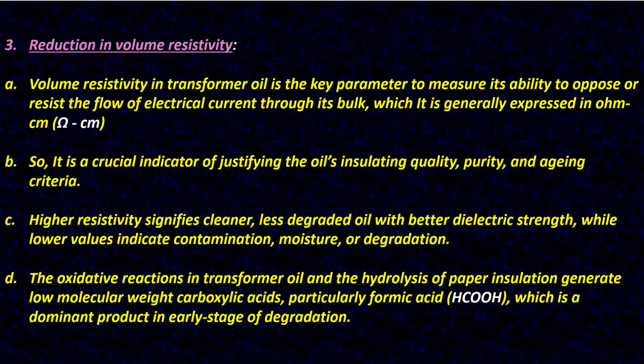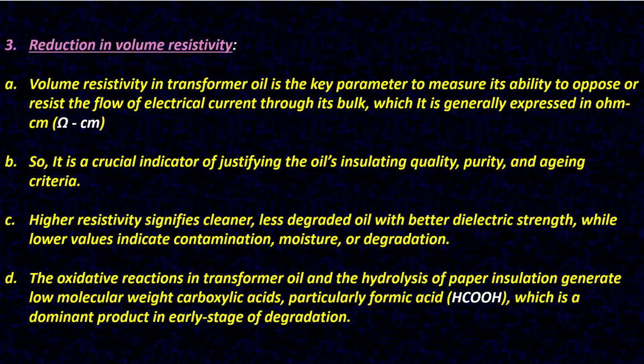So, it is a crucial indicator of justifying the oil's insulating quality, purity, and aging criteria. Higher resistivity signifies cleaner, less degraded oil with better dielectric strength, while lower values indicate contamination, moisture, or degradation.